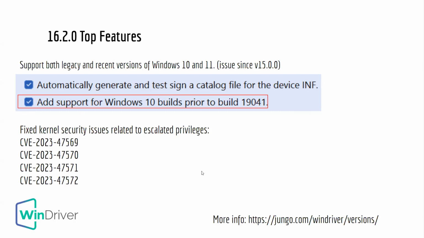Another significant enhancement or fix is the kernel security issue related to escalated privileges. We sent a newsletter today regarding this issue. We have a CVE number. Generally, these vulnerabilities are related to escalated privileges. As I said, these vulnerabilities can be taken advantage of only if a user already penetrated your system, a single user, and then can escalate its privileges to admin.